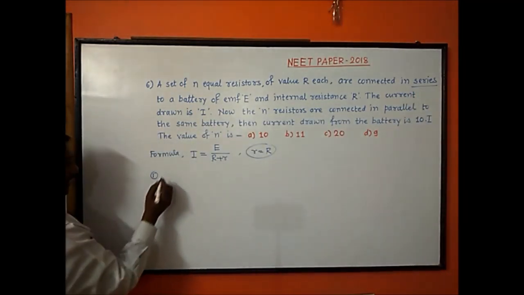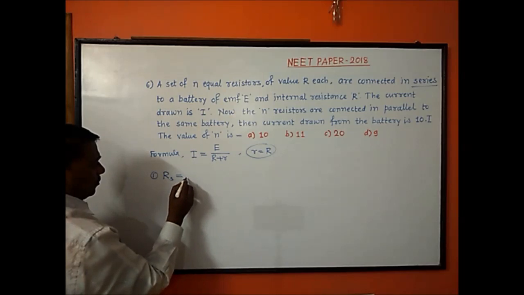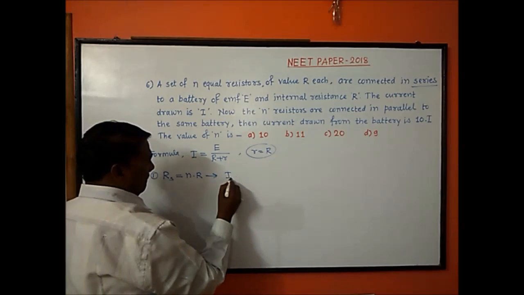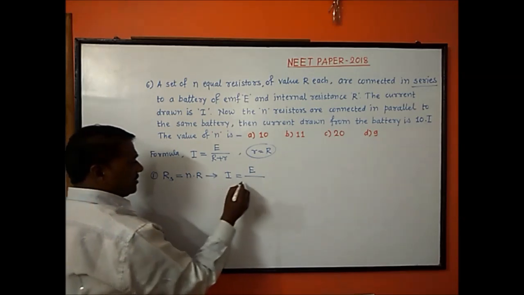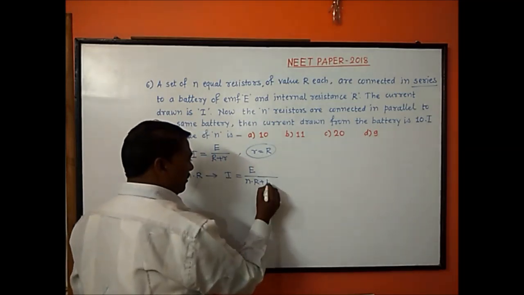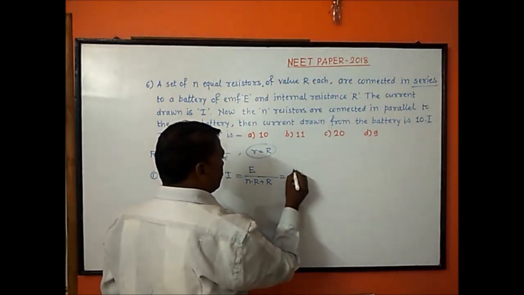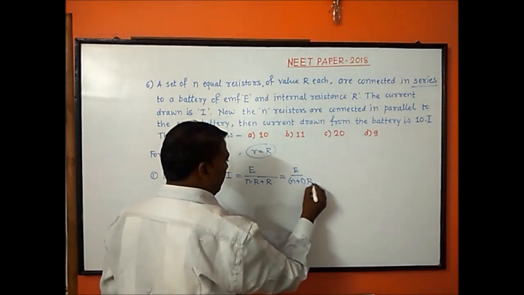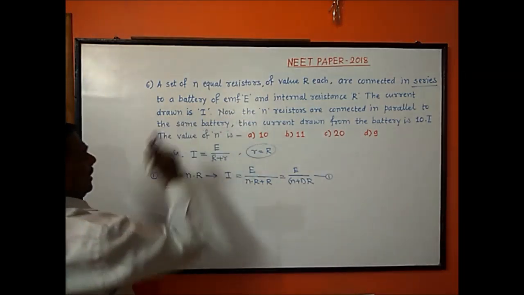So n resistances connected in series, so the equivalent resistance is n into R. Therefore I is equal to E upon n into R plus r, which is again R, the internal resistance of the battery. So you get I equals E upon (n plus 1) into R. So this is your first result when resistors are connected in series.